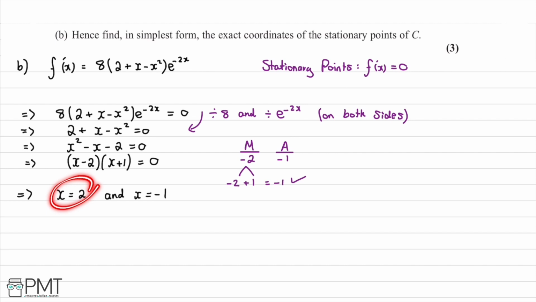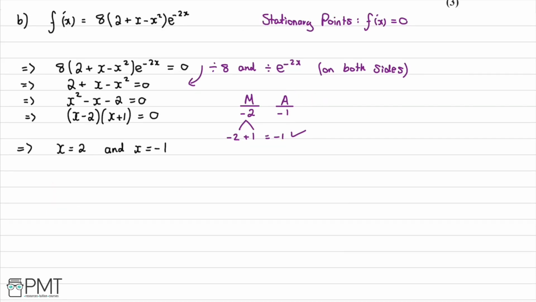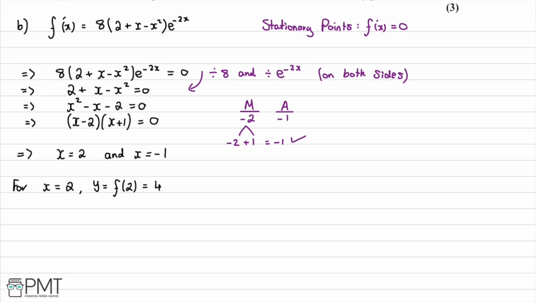So we've found our x coordinates, and we now want to find the y coordinates. When x is equal to 2, y is equal to f of 2, which is 4 lots of 2 squared, then we subtract 2, and then we multiply this by e to the power of negative 2 multiplied by 2.